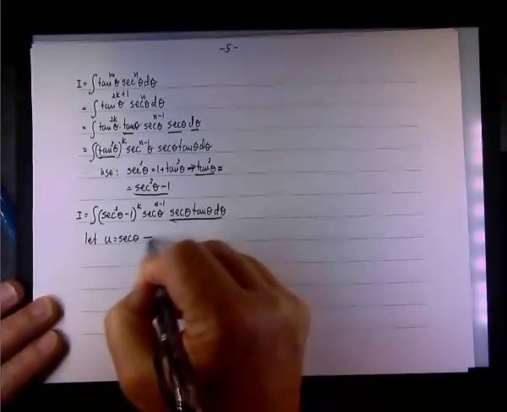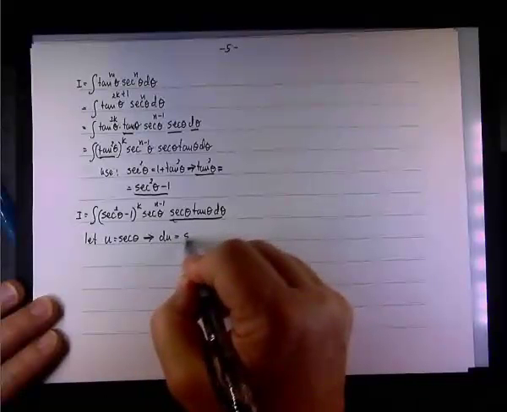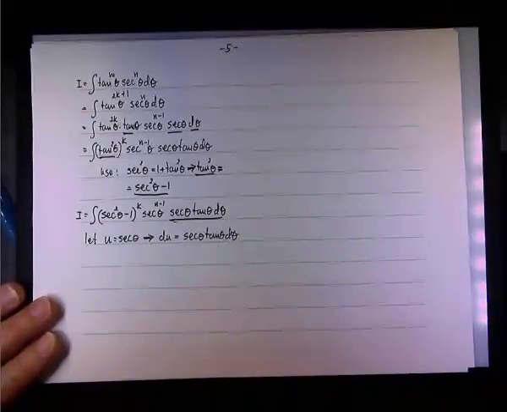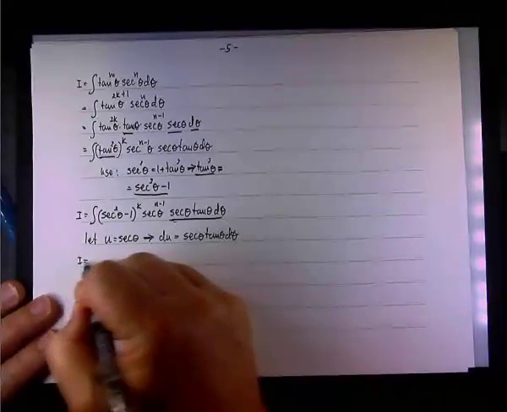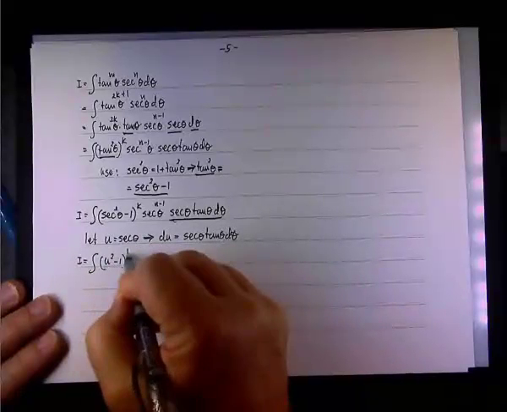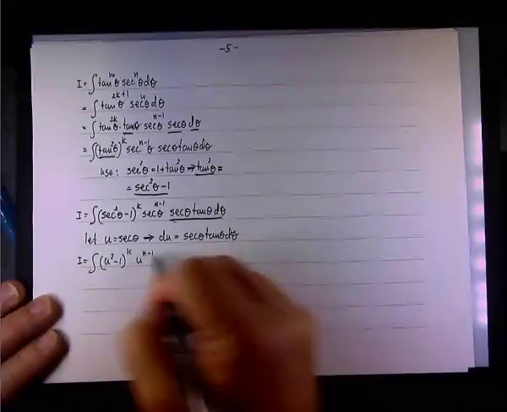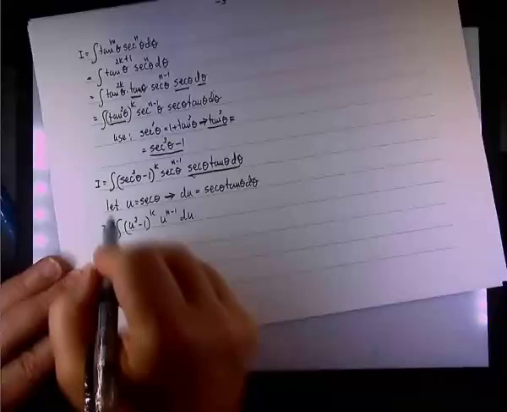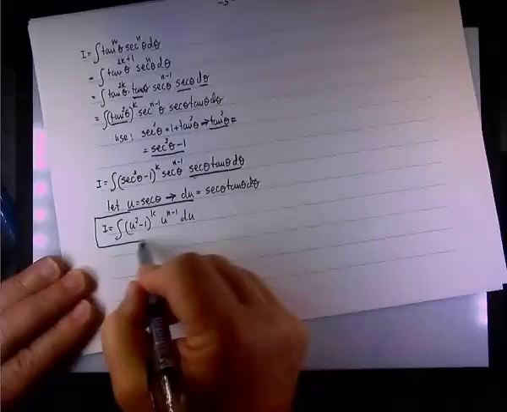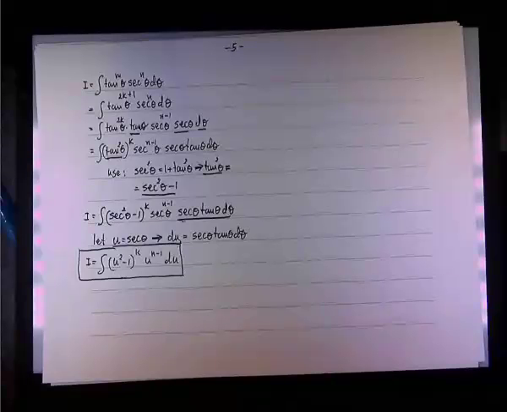So now we can perform the substitution, and the substitution will be u equals the secant, and therefore du equals secant tangent d theta. And therefore, after the substitution, I equal the integral of u squared minus 1 to the k power, u to the n minus 1 du. And again, this is the recipe for those with exceptional memory.